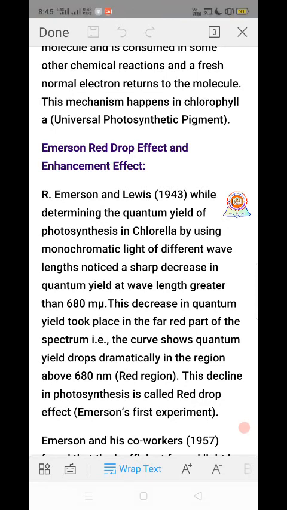That is, the curve shows quantum yield drops dramatically in the region above 680 nanometer, that is the red region. This decline in photosynthesis is called the red drop effect, or Emerson's first experiment.